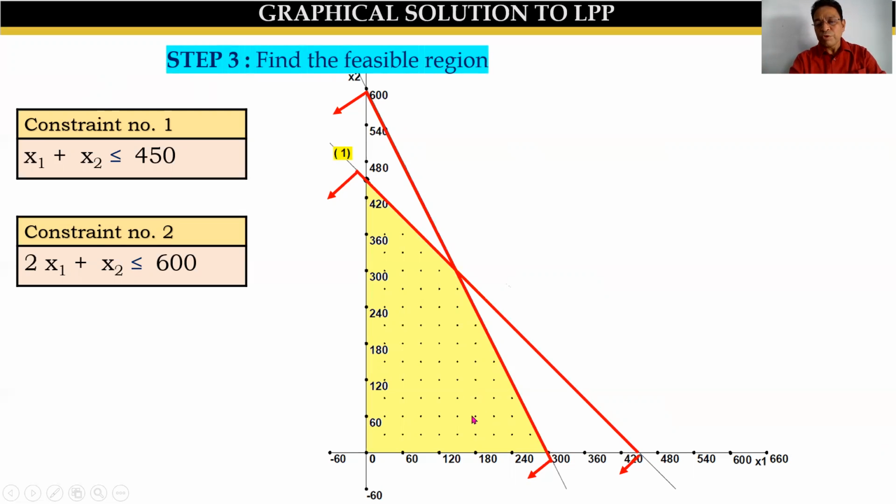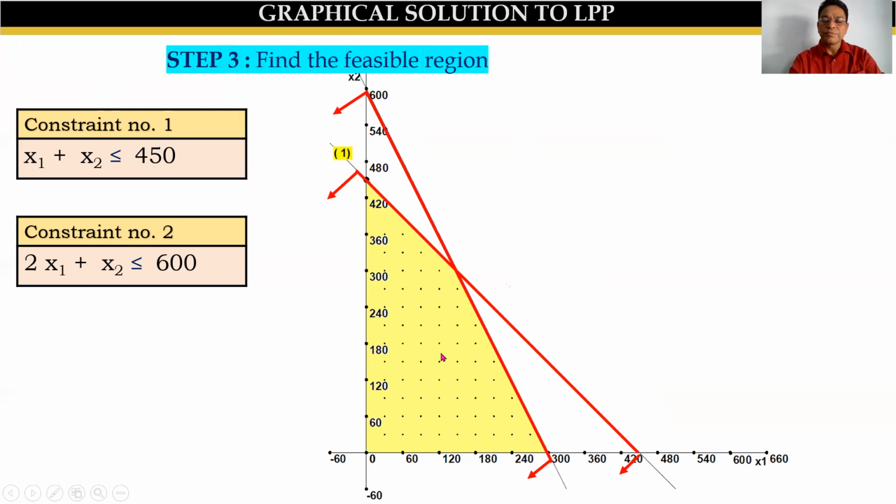Before we move on to the next step, where will I get the maximum value of z? If I consider this point, suppose the coordinates are 20, 20, I will get some value of z by putting x1 equal to 20 and x2 equal to 20. But if I move in this direction to maximize the value of x1, or in this direction to maximize the value of x2, somewhere here is a point with a better value.